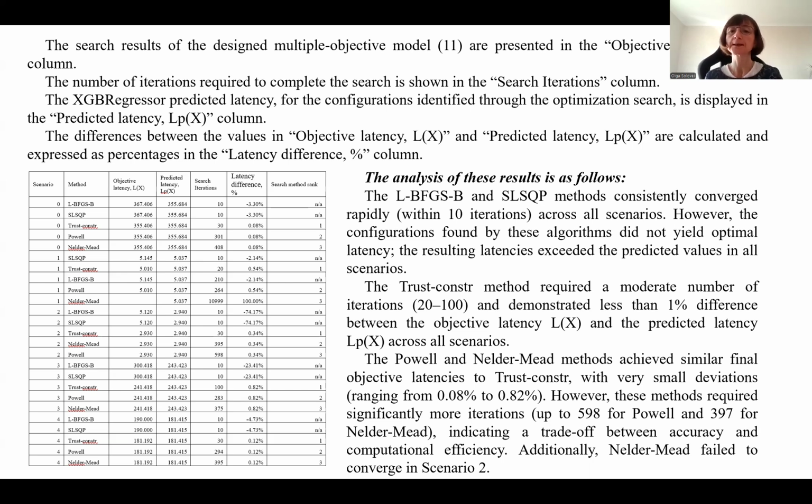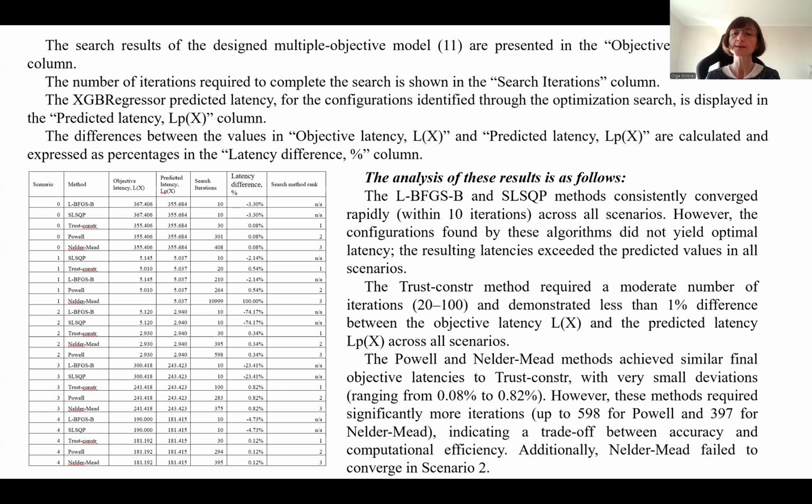Then again, the derivative-dependent algorithm, trust region constraint, requires a moderate number of iterations. So sometimes it's 20, sometimes 100 iterations, and it demonstrated less than 1% difference between the objective latency and the predicted latency in all scenarios.